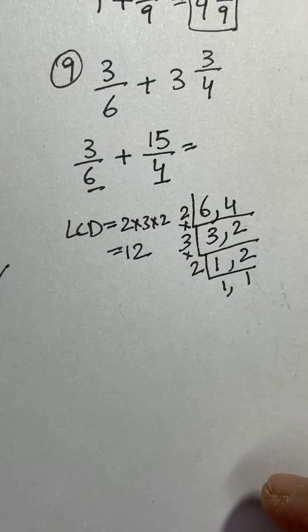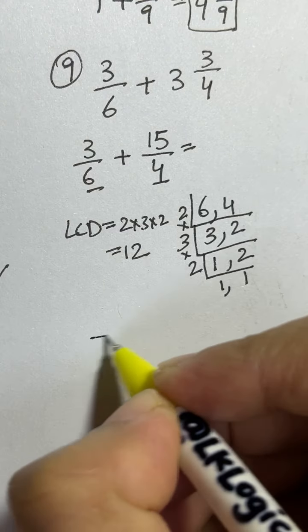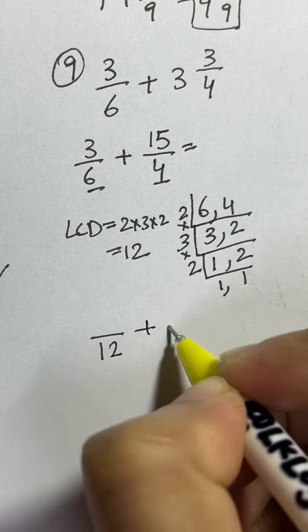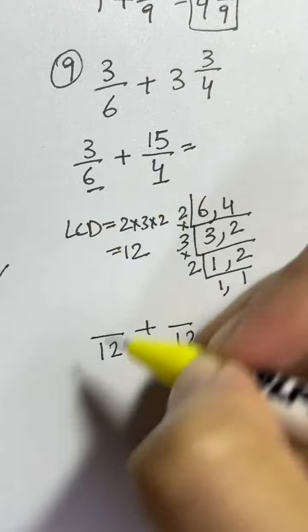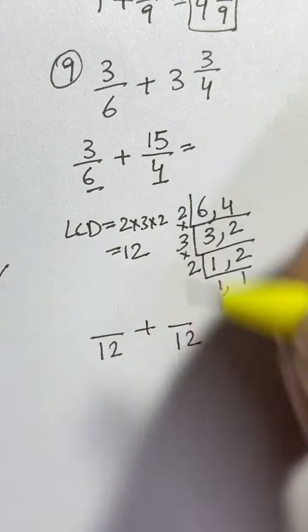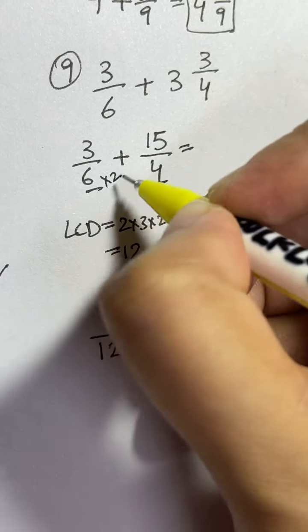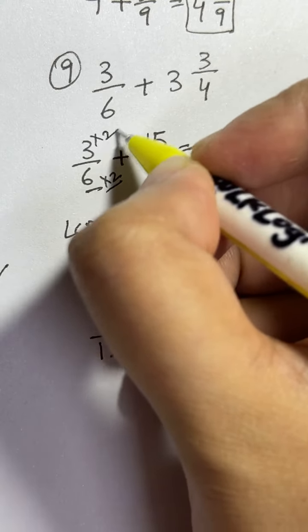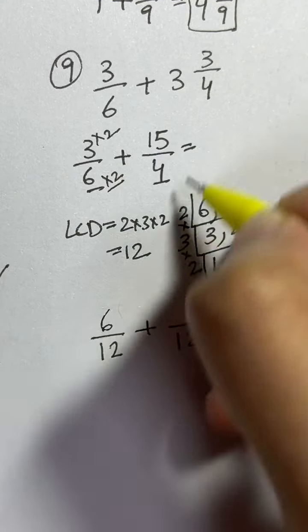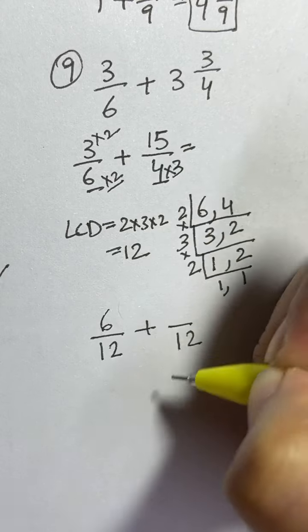Let's make the denominators the same. So you have 12 and 12. 6 is changed to 12. What did you multiply with 6 to make it 12? 2. The same thing you have to multiply with the numerator: 3 times 2 is 6. 4 times 3 makes 12, right?